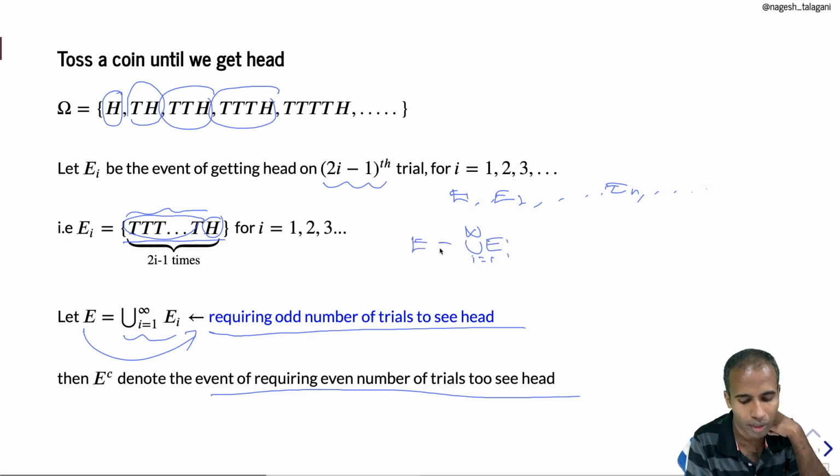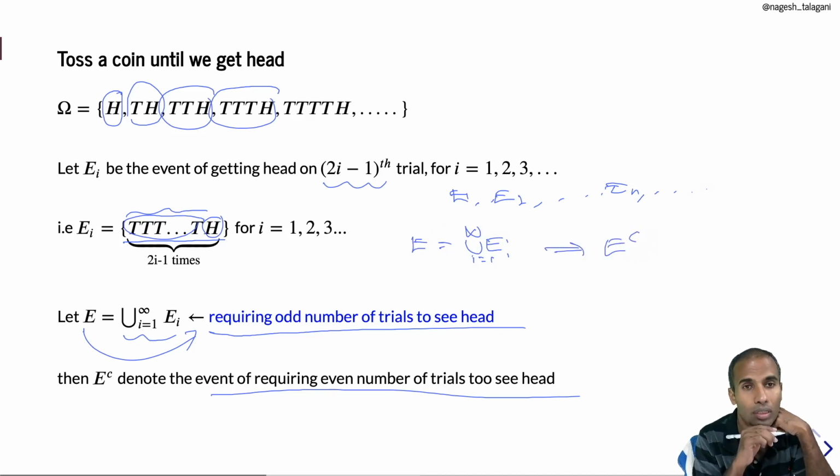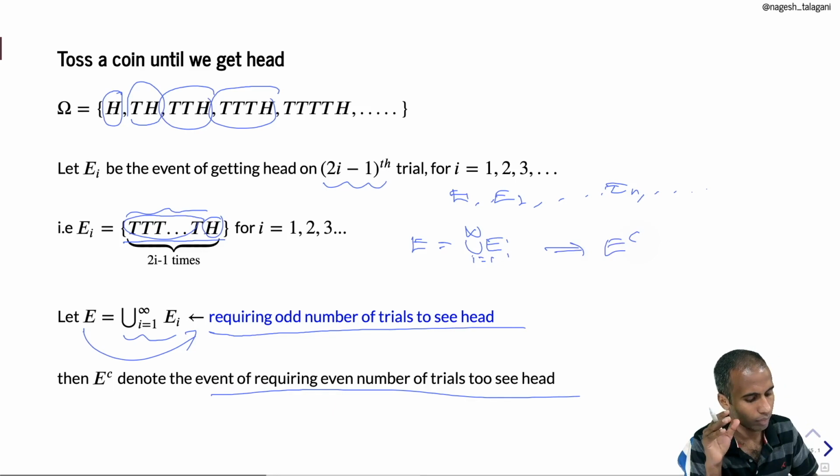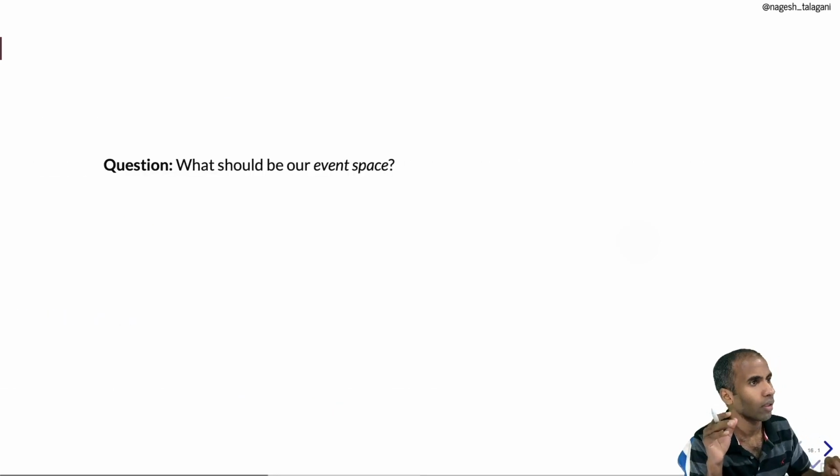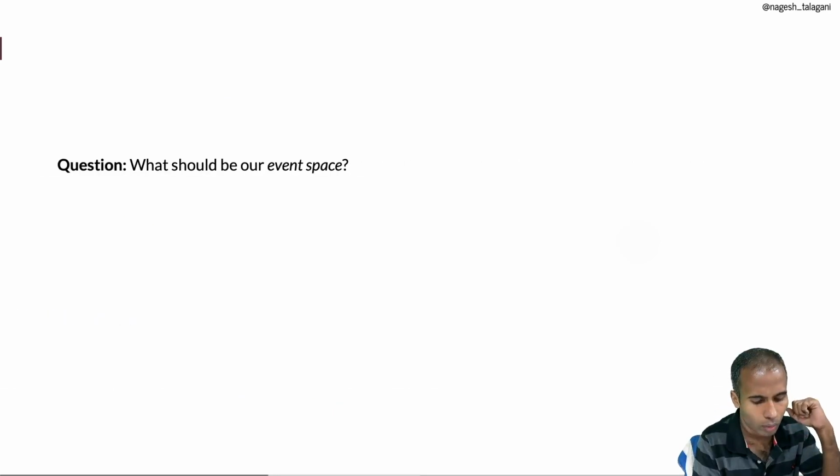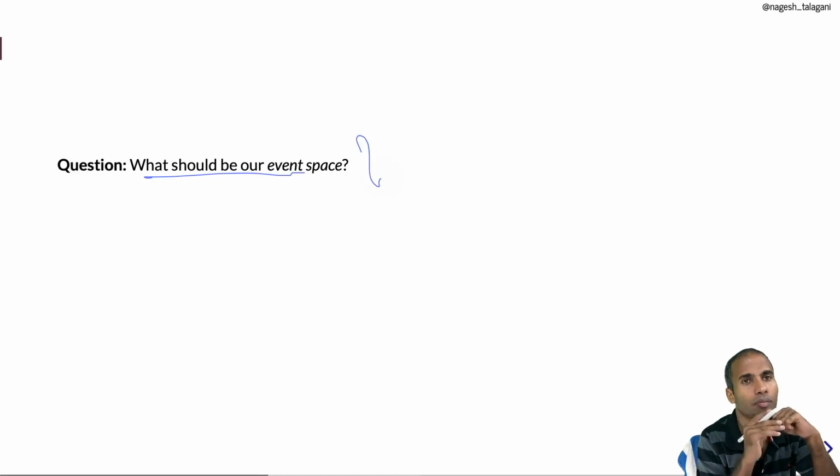We call it E. If E is an event of interest, then E complement also is going to be an event of interest. So the question is, what should be our event space?